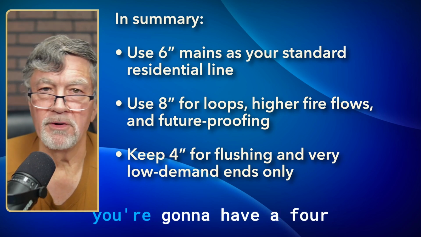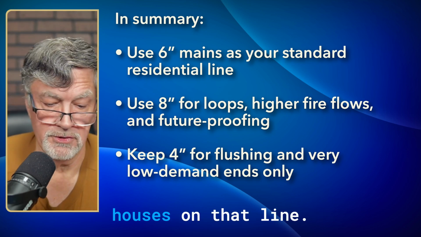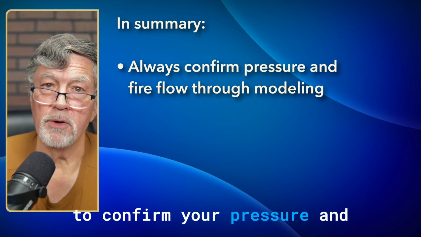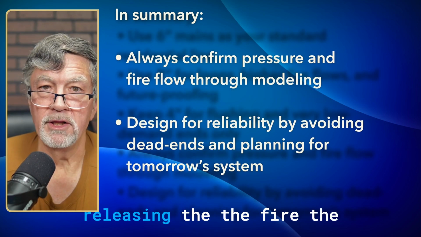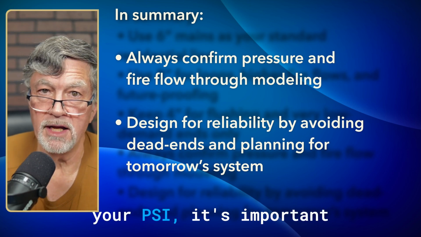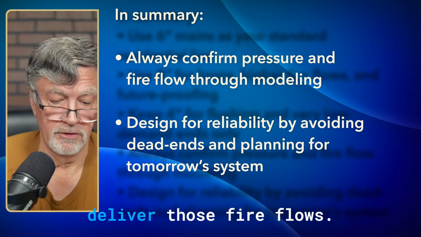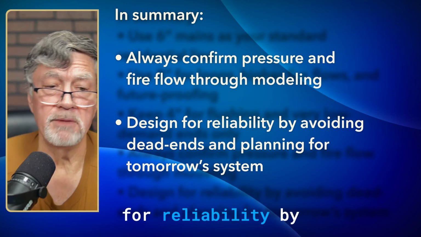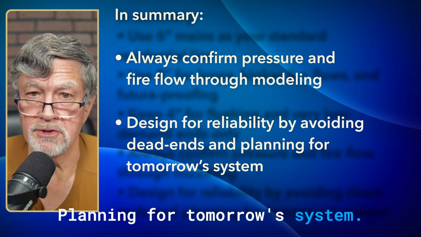Remember, if you're going to have a 4-inch line, you want to have no more than 20 houses on that line. And you're always going to want to confirm your pressure and fire flow through modeling, whether that's just releasing the fire hydrant and testing your PSI. It's important to make sure that you can reliably deliver those fire flows. You want to design for reliability by avoiding dead ends and planning for tomorrow's system.